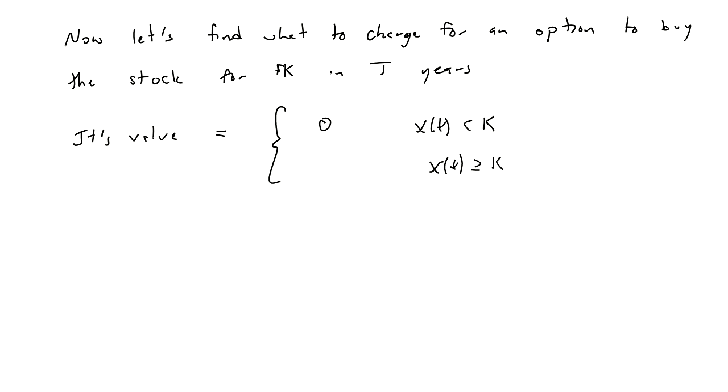And so in that case, it's the difference. Just because I don't want to write this 2-part thing, let me call this, as a shorthand, X of T minus K plus, which is 0 if X of T minus K is negative, and the value as it is if it's positive. So this would be its value at time T, but we're paying for the option now, so we need to know what's the present value.